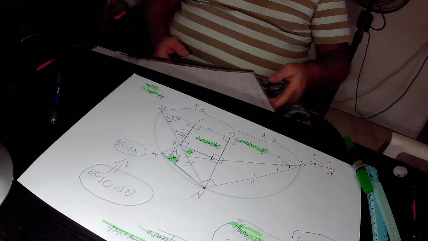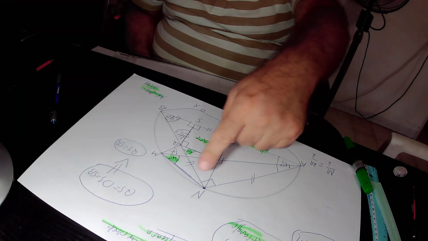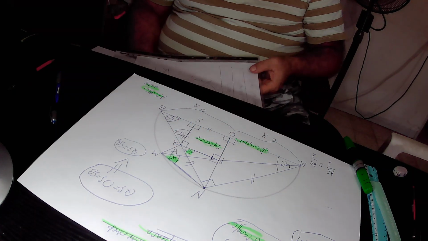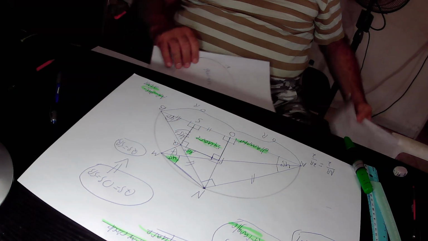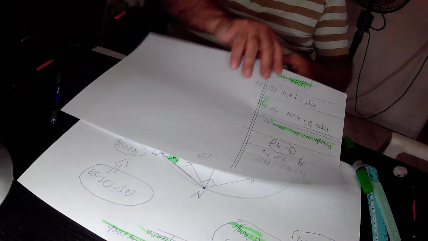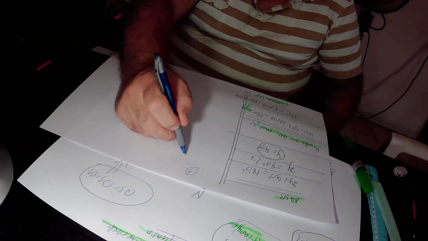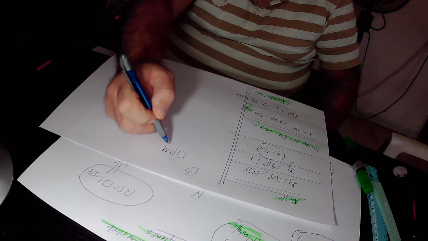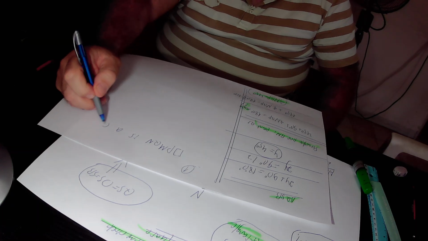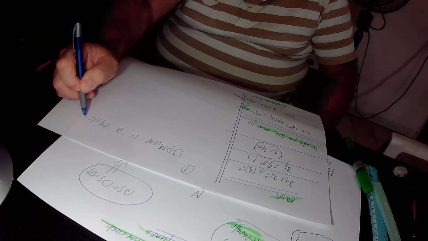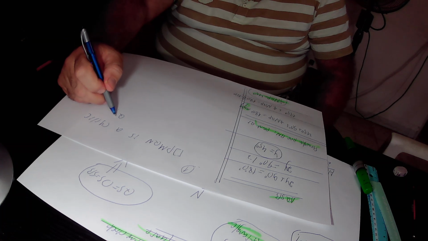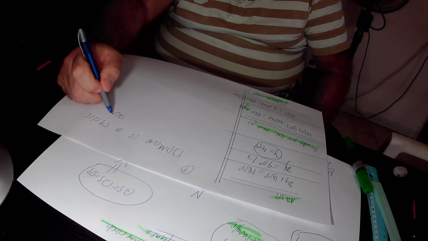So we can write down in conclusion that quadrilateral NMQP is inscribed by a circle. Quadrilateral NMQP is a cyclic quadrilateral. That is to say, it can be inscribed by a circle, it can be blocked by a circle.